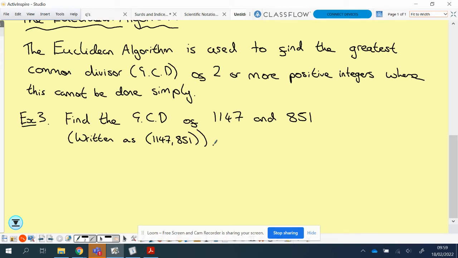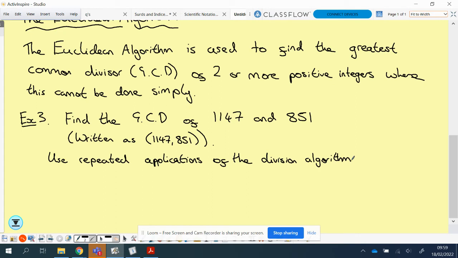So basically how we're going to do this is we're going to use repeated applications of the division algorithm until we get r_t equals 0, okay, which means that we'll have no remainder, so then the algorithm stops at that point.